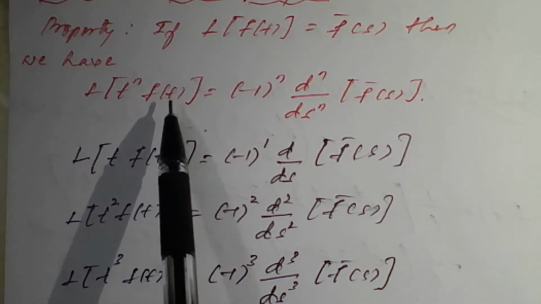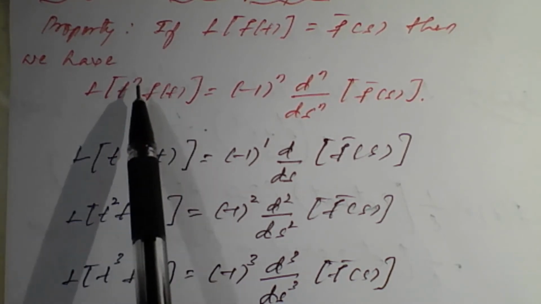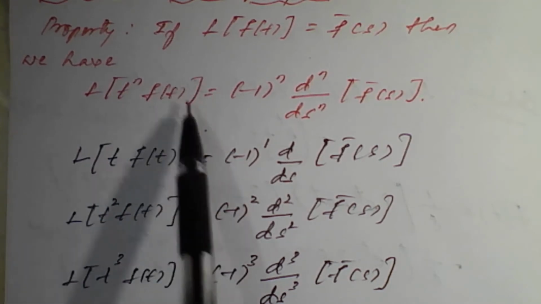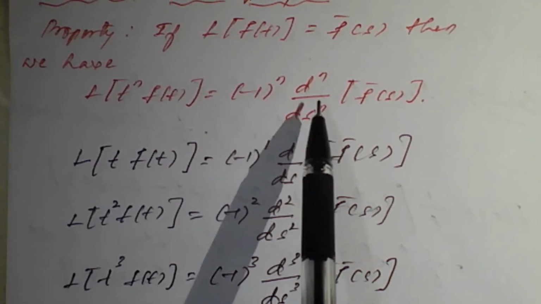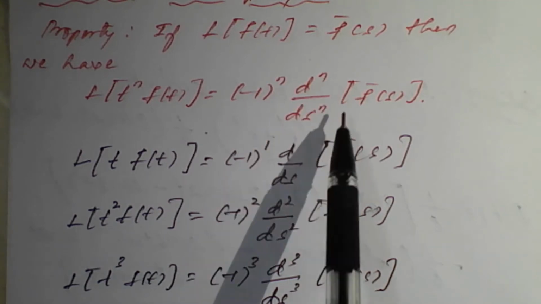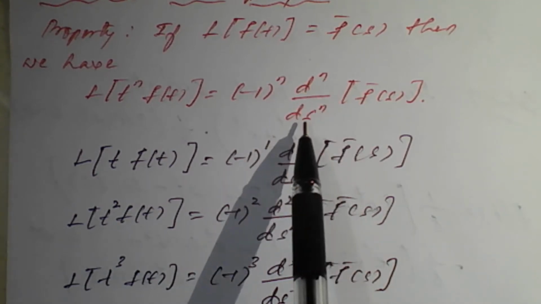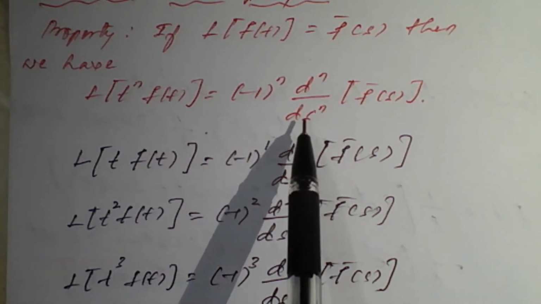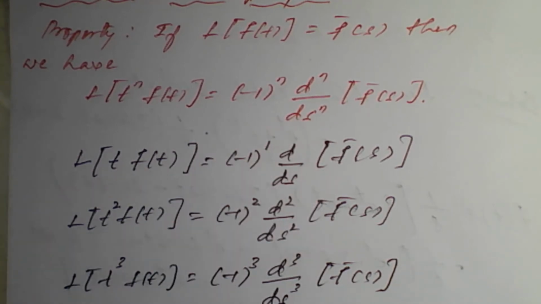Then, whatever output Laplace transform we get, that function of s will be differentiated according to the power n with respect to s here. So we'll see the problems, it will be more clear now.